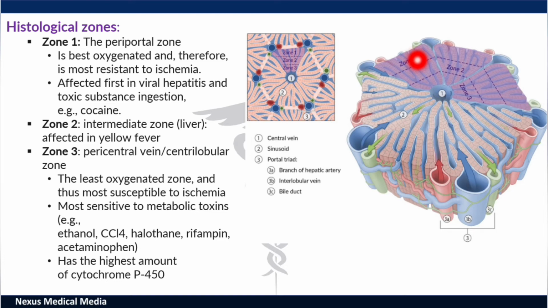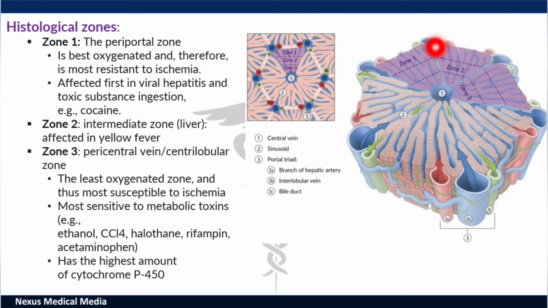This one is the periportal zone, is best oxygenated and therefore is most resistant to ischemia, because it's close to the branch of the hepatic artery proper. It is affected first in viral hepatitis and toxins such as cocaine. So if you take cocaine, zone 1 is usually affected first.